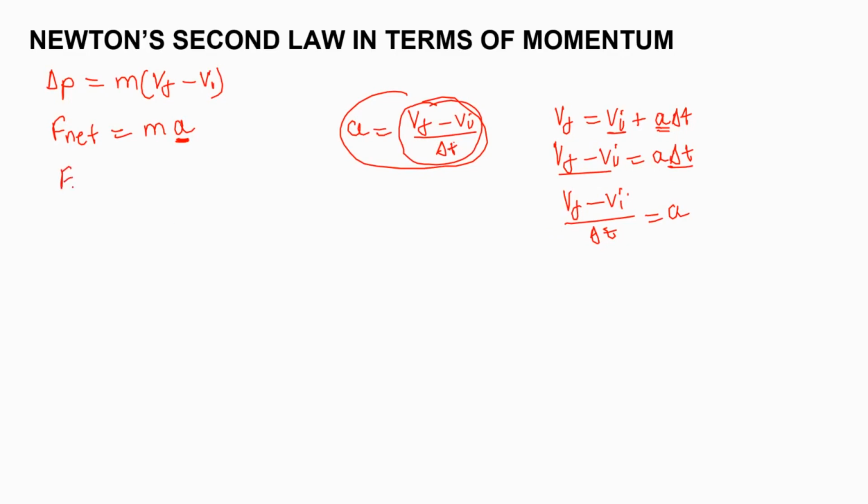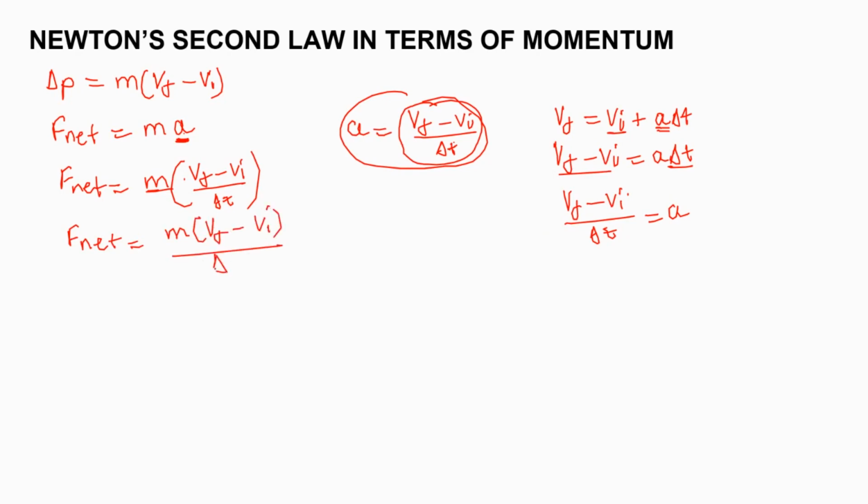So F net is equal to m, then final velocity minus initial velocity over change in time. Now we can bring in this m and multiply it with the numerator there.